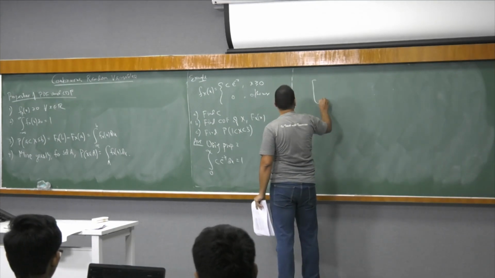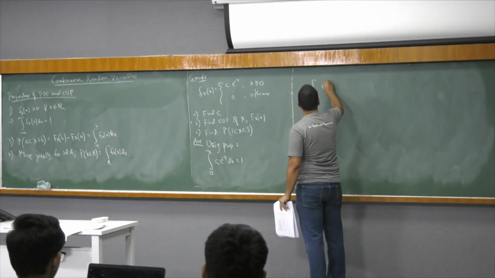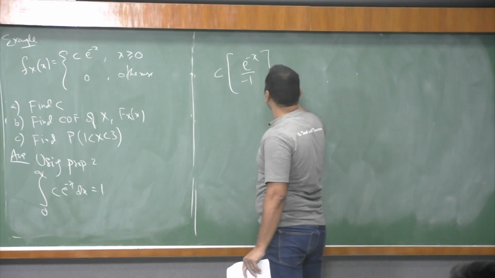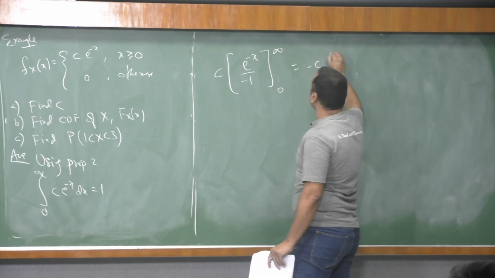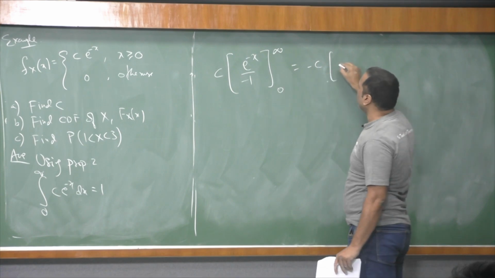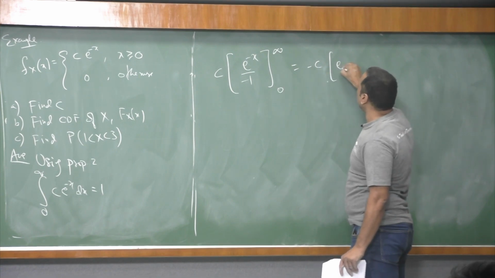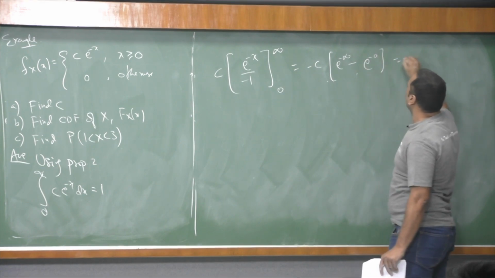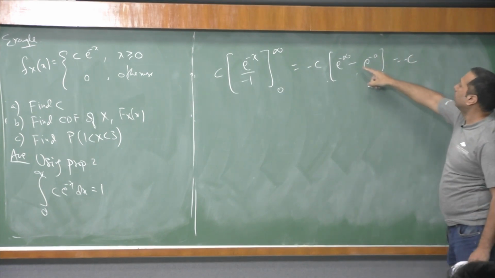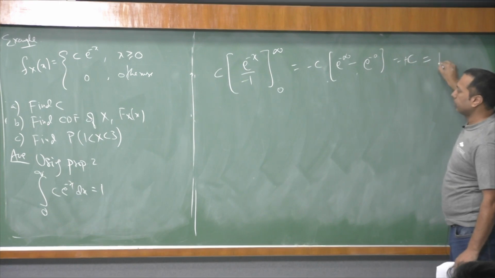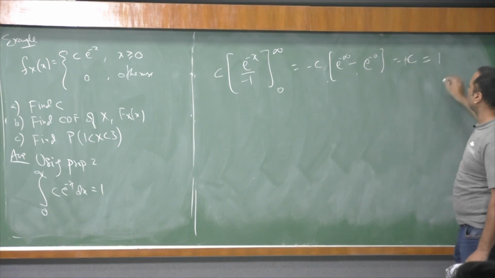So c comes out, e to the minus x by minus 1, from 0 to infinity. At infinity, e to the minus infinity is 0, minus e to the minus 0, which is 1. So this is minus c times minus 1, which becomes plus c, and all this was supposed to be 1. So this implies c is 1.